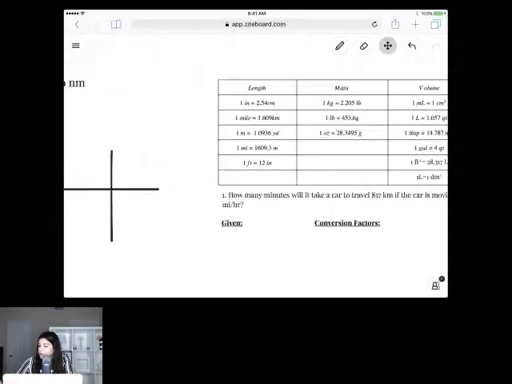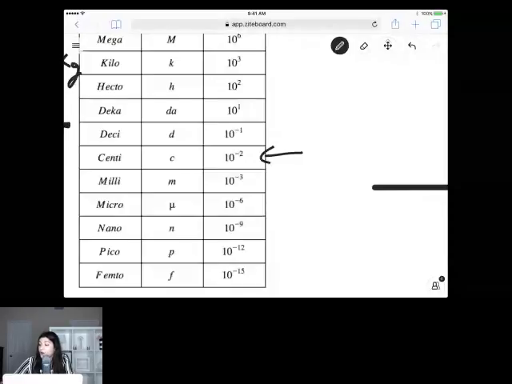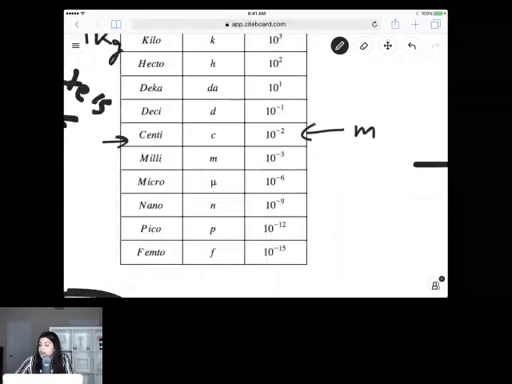Here, let me go back. Centi is right here, 10 to the negative second. So our base unit goes with that, meters, and our different unit is the centimeter. That's where our 1 comes in.